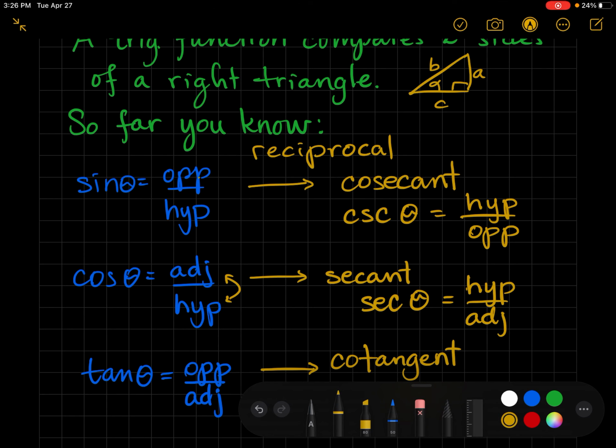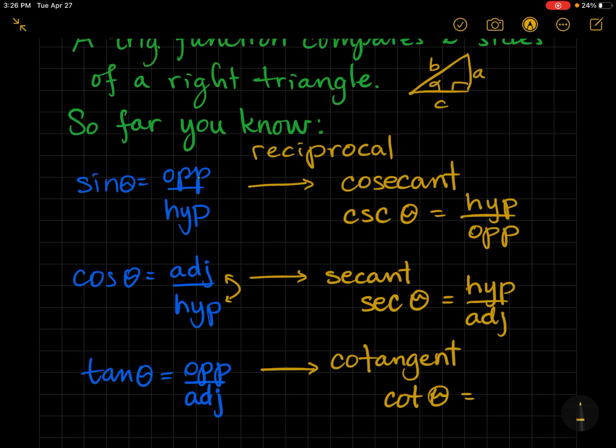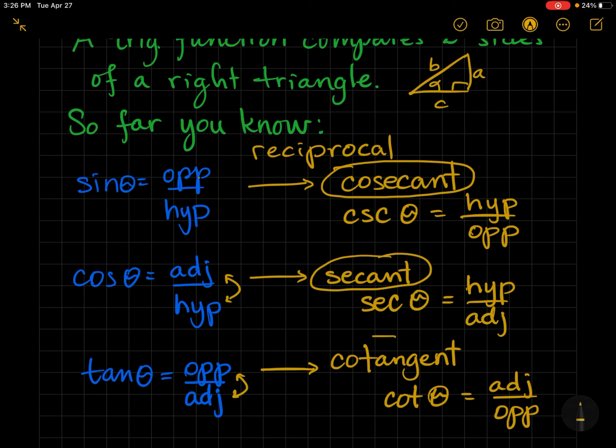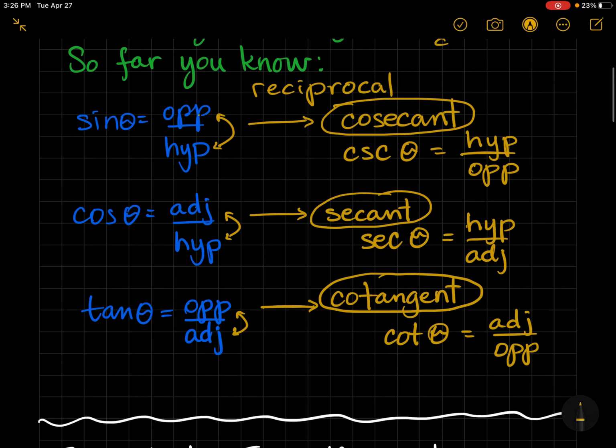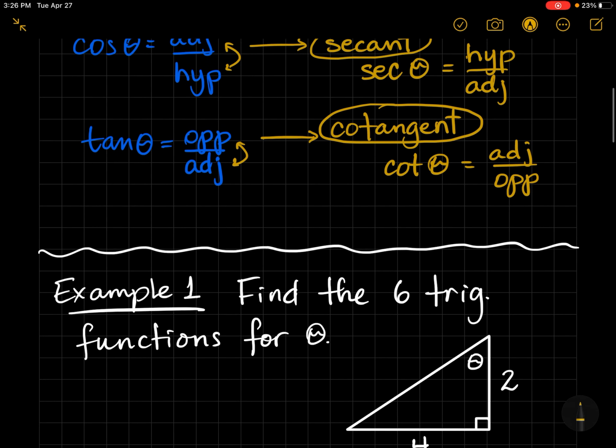Okay, so now as we look at the reciprocal function on that, when you flip that upside down, you have adjacent over opposite. So, just to recap, we have 3 new trig functions: cosecant, secant, and cotangent. And those can be explained by simply taking the reciprocal and flipping our original 3 upside down. Now, let's see how to use them.